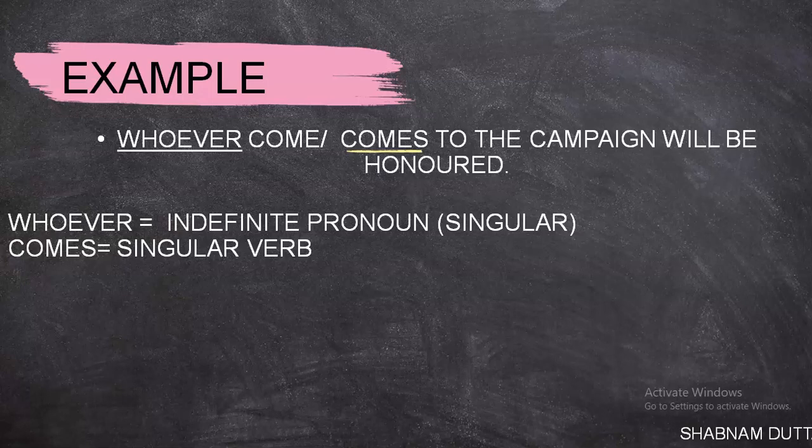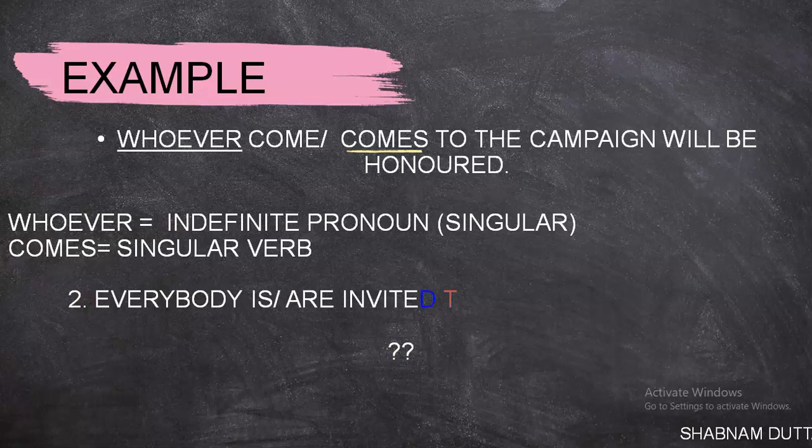So the correct sentence will be "Whoever comes to the campaign will be honored." Now see the next sentence and choose the correct verb and type it in the comment box. The sentence is, "Everybody is or are invited to join the campaign."